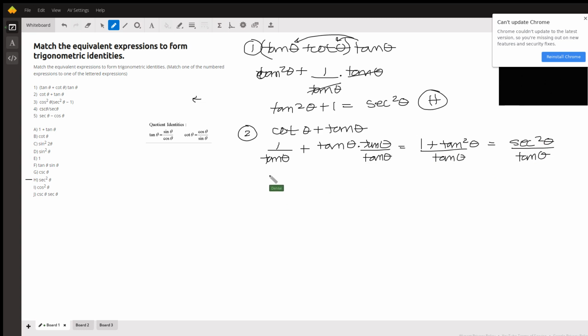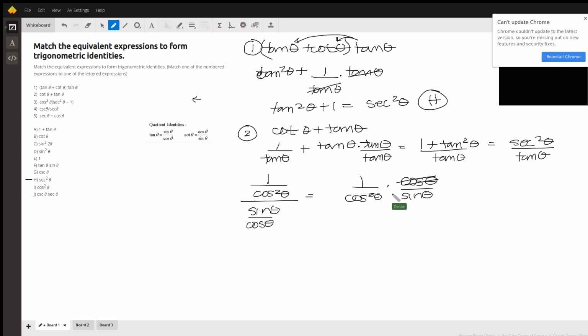This secant squared theta, I'm going to write that as 1 over cosine squared theta. And then my tangent theta, I can rewrite that as sine theta over cosine theta. To divide fractions, I'm going to multiply by the reciprocal. So this will be cosine theta over sine theta.